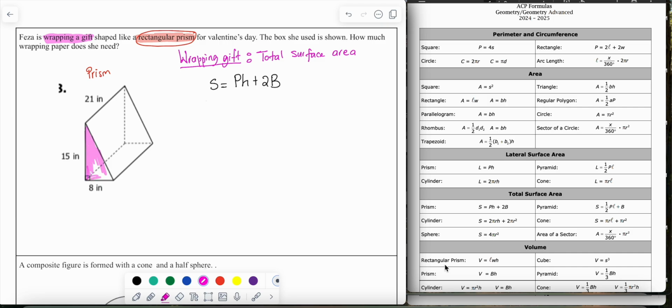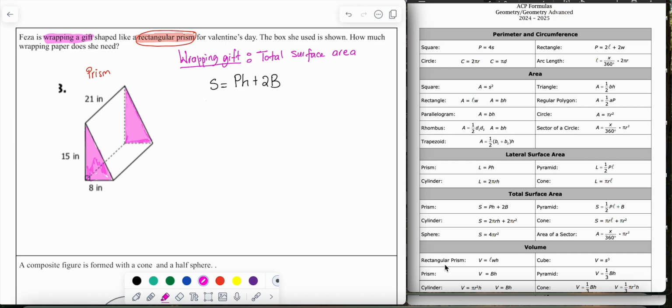So this is one of the bases, and its identical base would be over on this side. All right, so those are the bases.